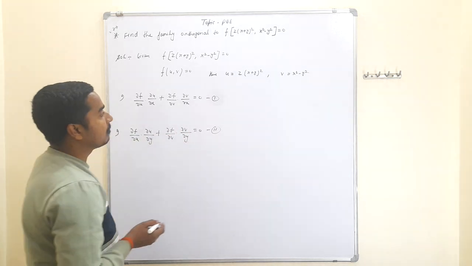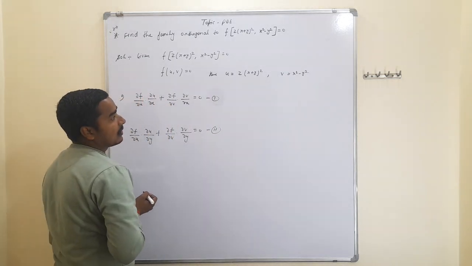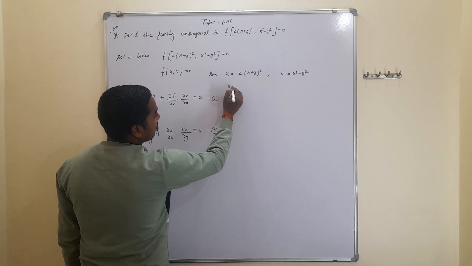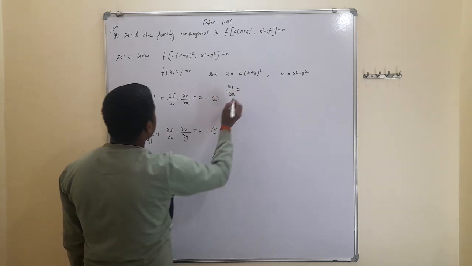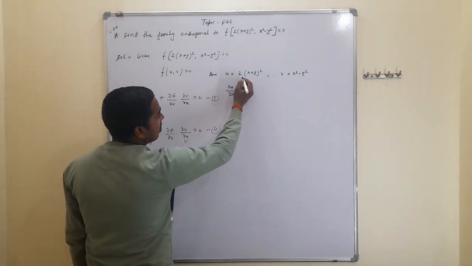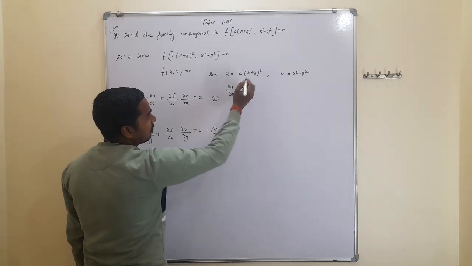First we differentiate u is equal to z into (x plus y) whole square with respect to x. Del u upon del x is equal to, here z is taken as the first function and the second function is (x plus y) whole square.